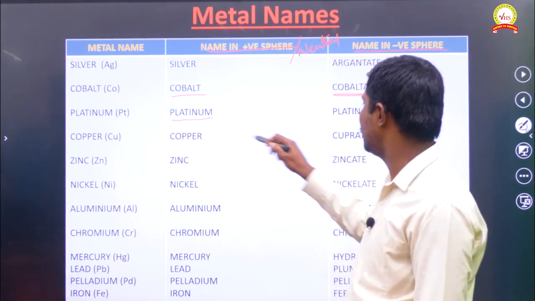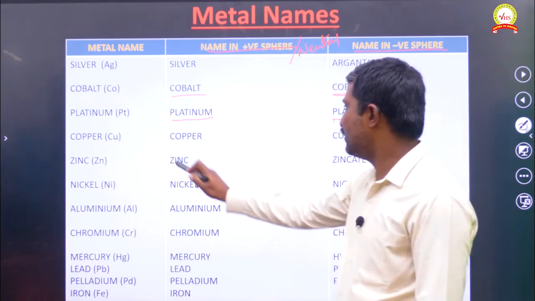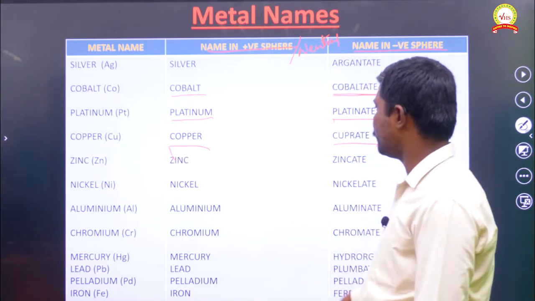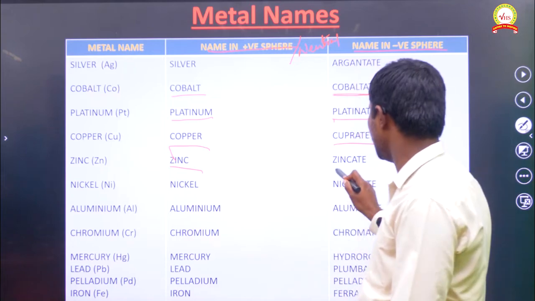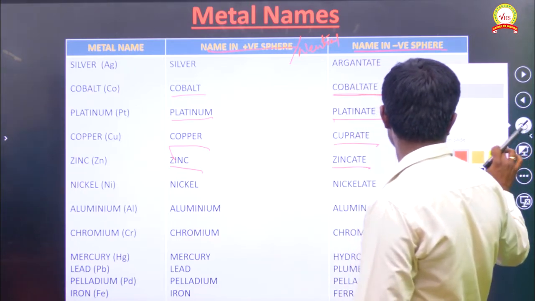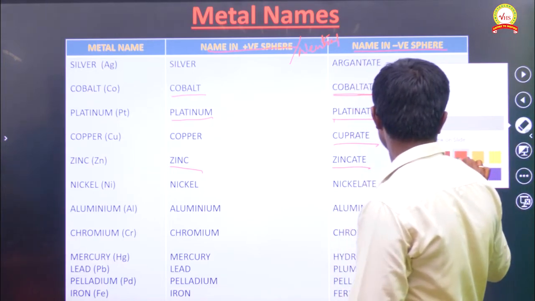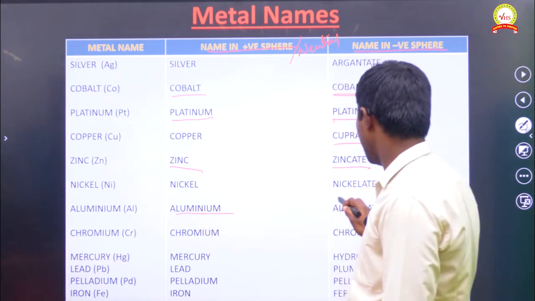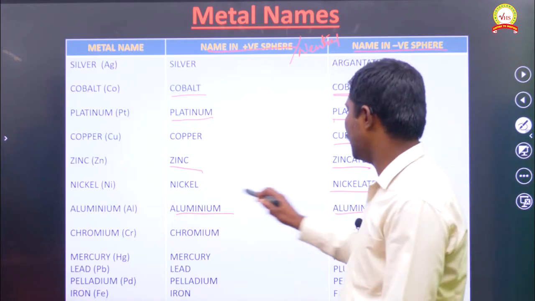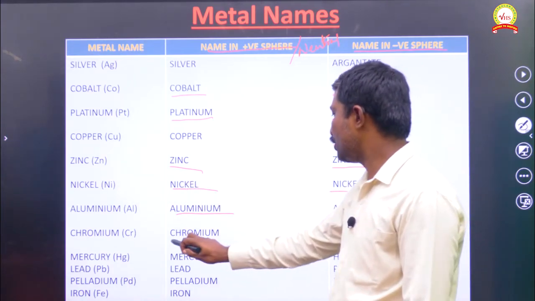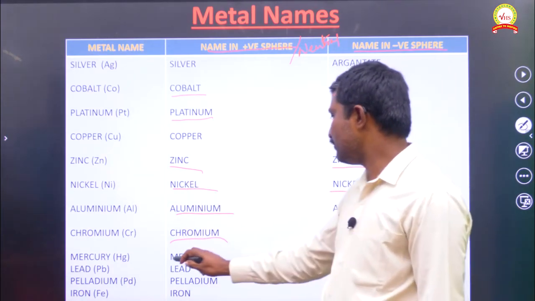For platinum, platinum and platinate. For copper, copper and cuprate. For zinc, zinc and zincate. Okay, like this we have to give the name. Aluminium, aluminate. For nickel, nickelate. Chromium, chromate.